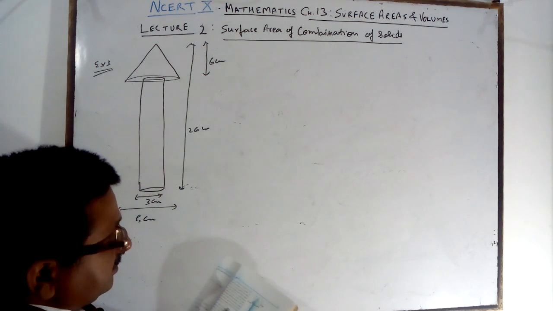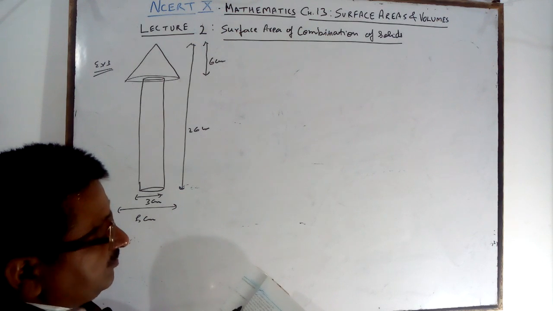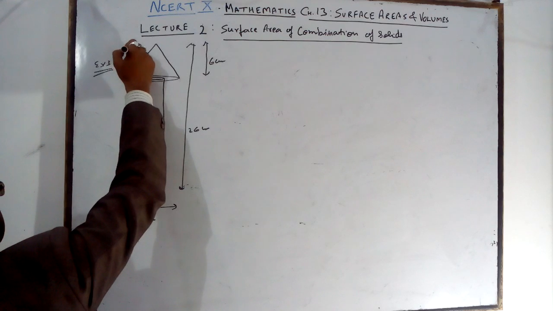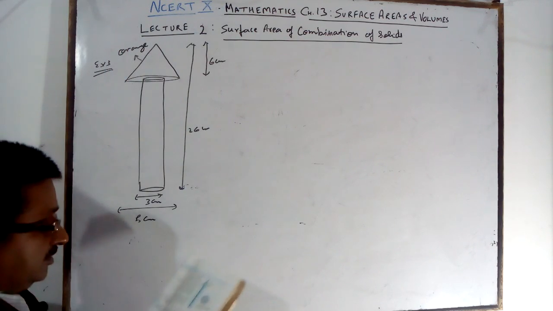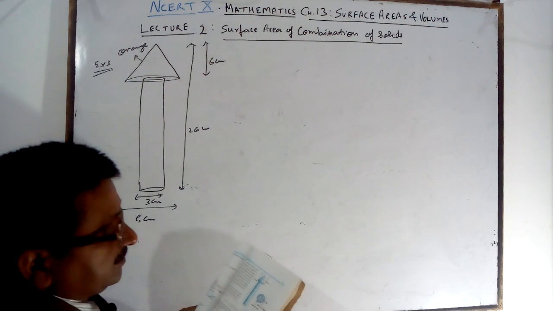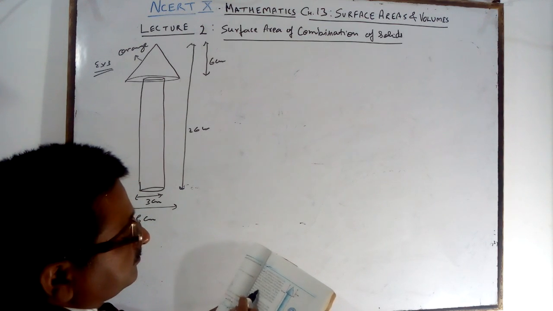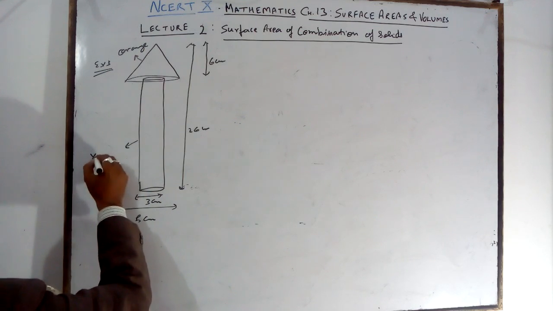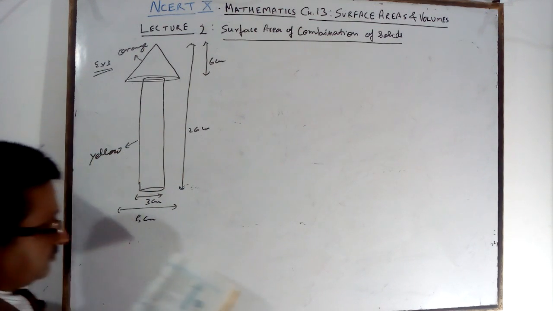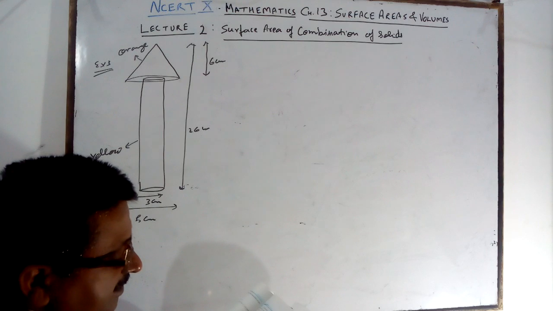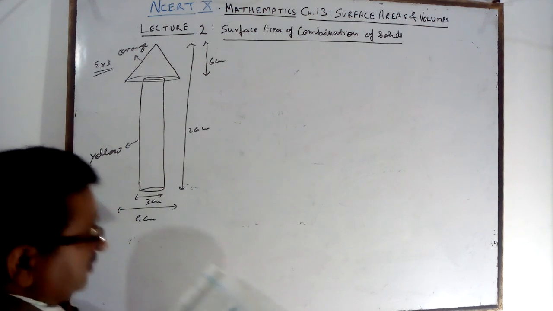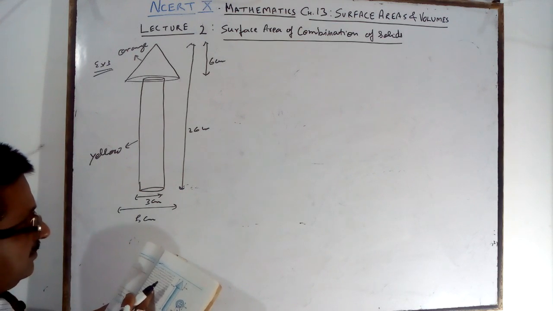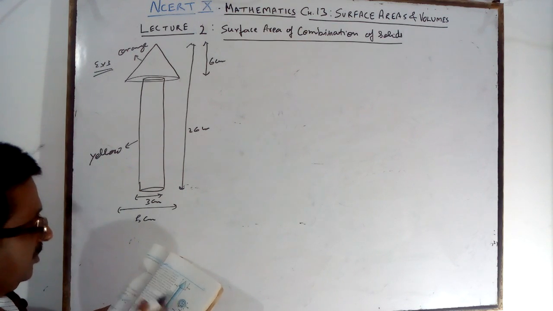If the conical portion is painted orange, you want to paint this part orange, and the cylindrical portion is yellow. This portion you want to paint yellow. Orange color is this and the cylindrical portion is the yellow color. Find the area painted on the rocket.